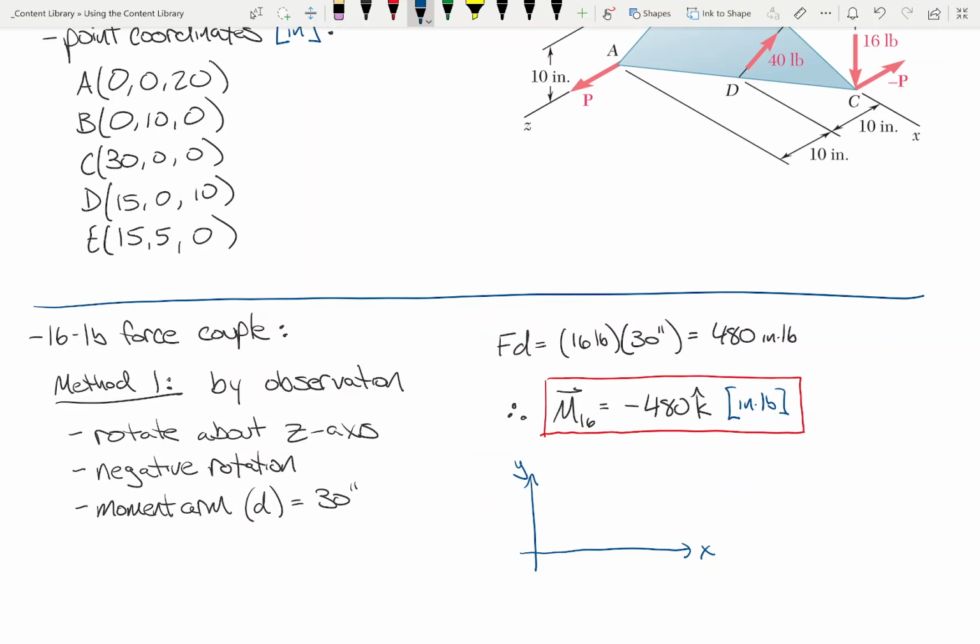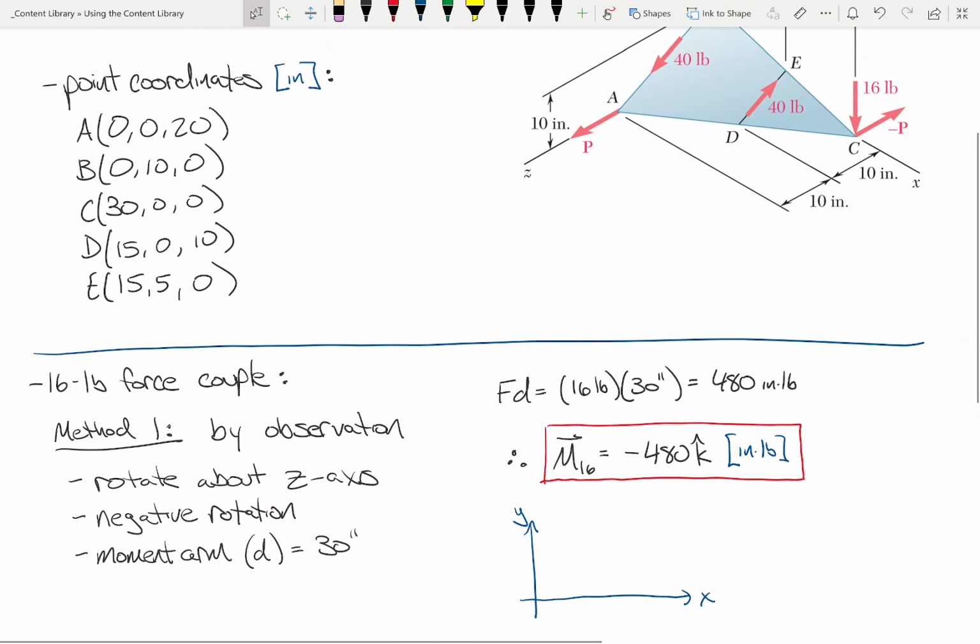If I looked at it in 2D, would you agree that that would be my couple? And the z-axis points like this. Now if my thumb goes like this, positive rotation is this way, but it's not rotating it that way, it's rotating it the other way. Does that make sense? Yeah, thank you.